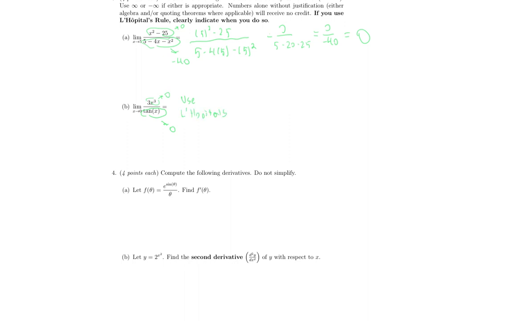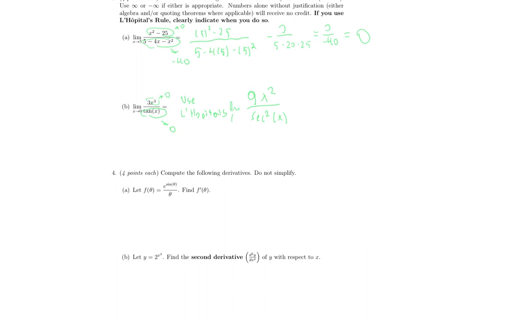Got to make sure we specify that. So we're taking the derivative of the top, derivative of 3x to the third, it's going to be 9x squared. The derivative of the bottom, which is the derivative of tangent, that's going to be secant squared. That should be on the last page of your exam usually. So we have over secant squared of x.